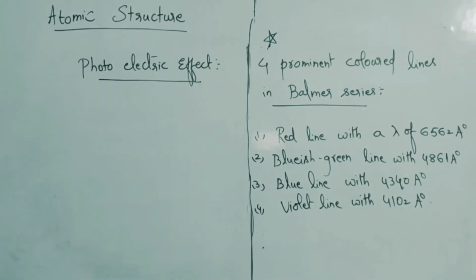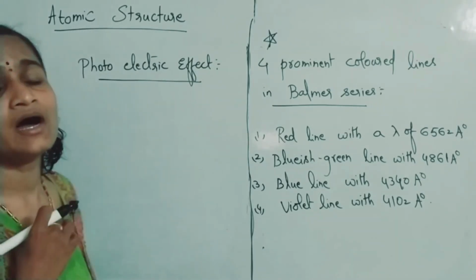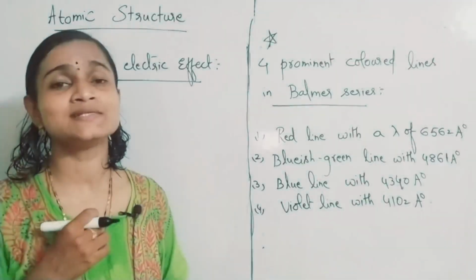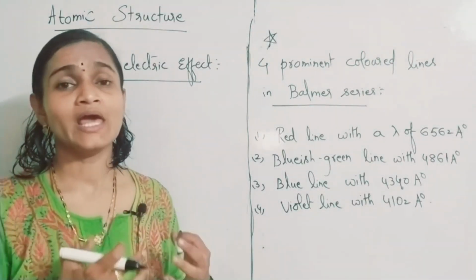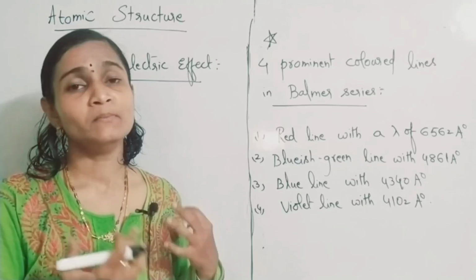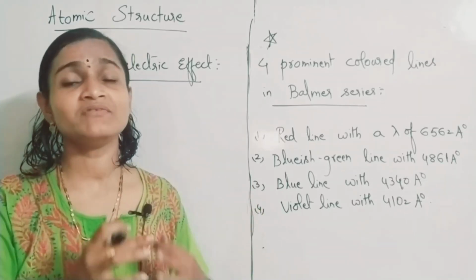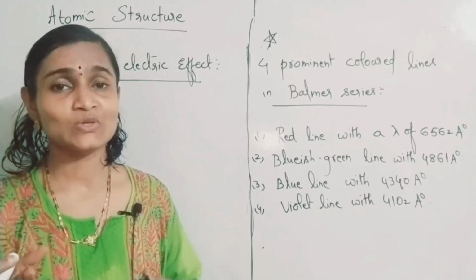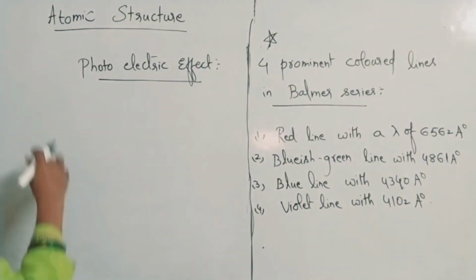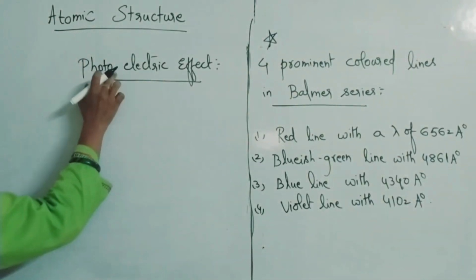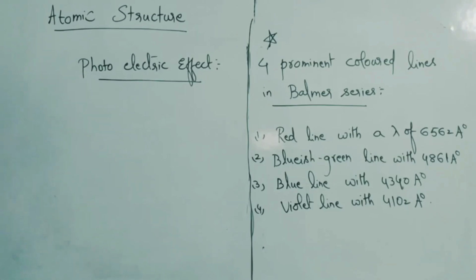According to Louis de Broglie, please remember, electron is traveling in the form of waves. Electron has dual nature, meaning it can behave as waves as well as particles. That can be observed by the phenomenon of photoelectric effect.